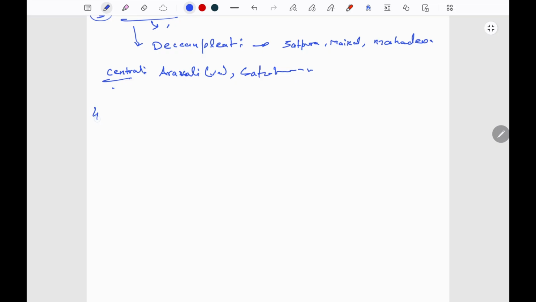Now comes the next physiographic region, which is Indian desert, also known as Marusthali, Thar Desert.